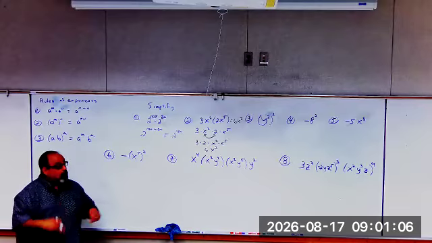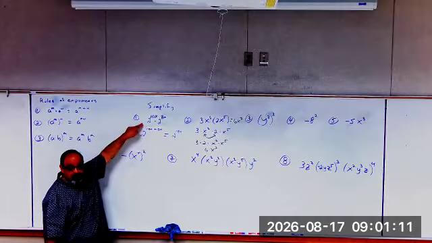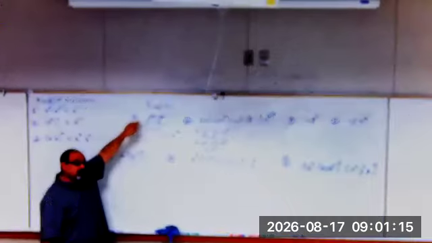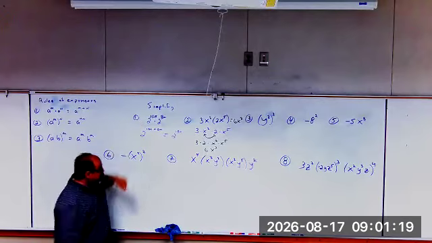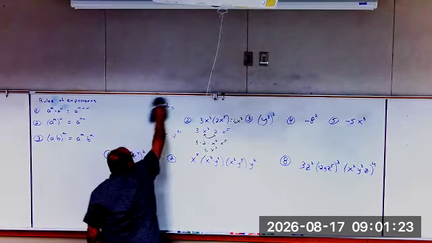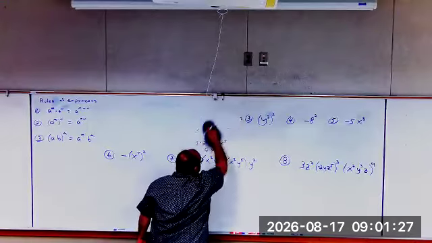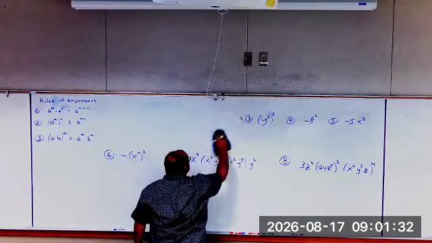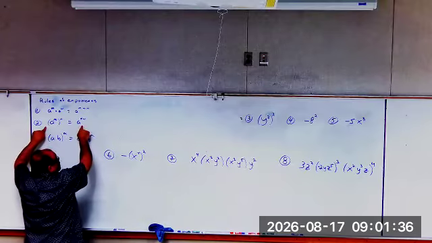Now, we went over why, if I wrote out 10 twos and 8 twos, it adds up to 18 twos. So that was a demonstration of why we add the exponents. Now a demonstration of why we multiply when it's a power to a power. So number 3, let's pretend we don't know this rule.